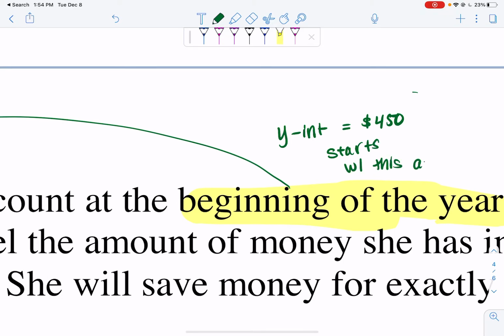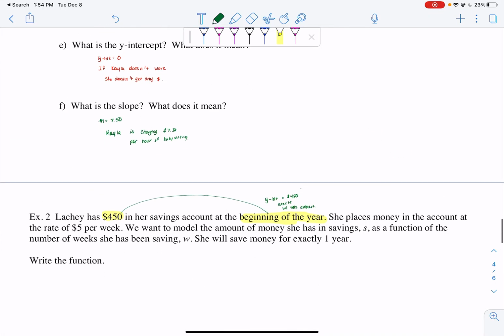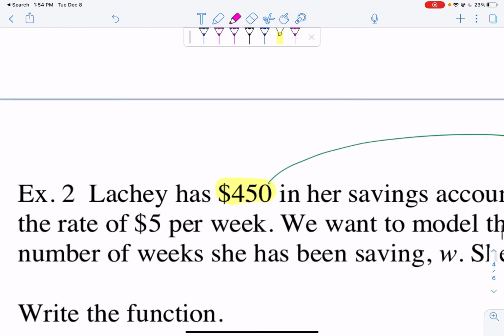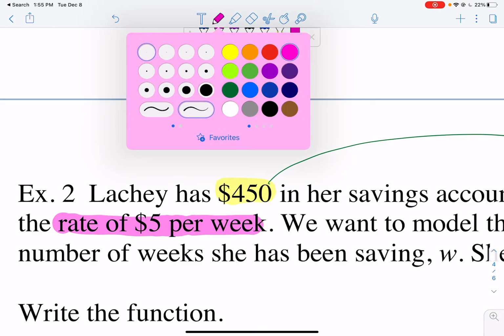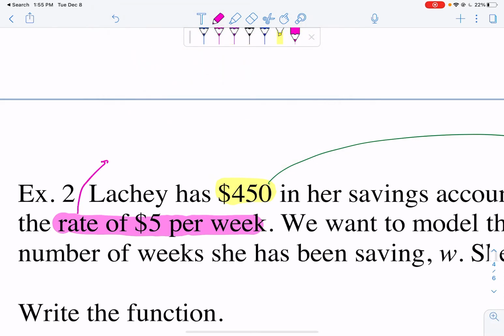Because she starts with this amount. She places money in the account at the rate of $5 per week. Whenever I see that word rate, that's a way of saying that this is your slope. So my slope is 5.